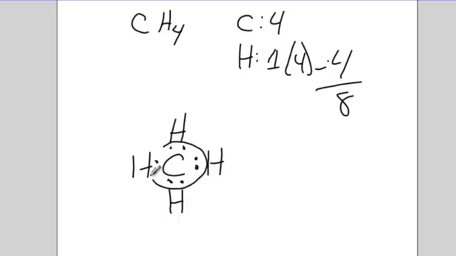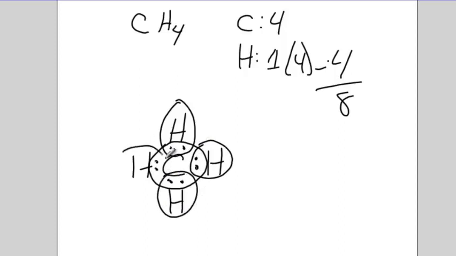These 8 go with carbon, but these 2 also go with this hydrogen, and those 2 with that hydrogen, and those 2 with that hydrogen, and those 2 with that hydrogen. Okay? So these circles here represent the shared electrons, right?